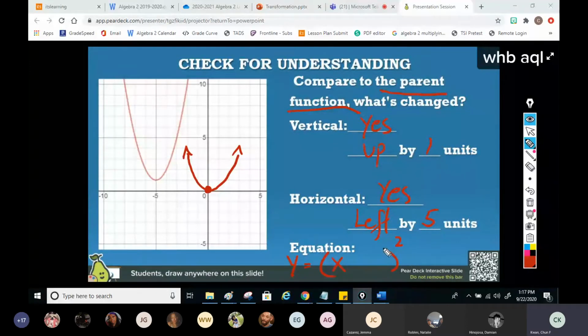What you need to figure out is what number goes here and what number goes here. So the first thing you should do is write this part down: Y equals, open parenthesis, X, leave some space because we need to put a number there, then close parenthesis and then the square.